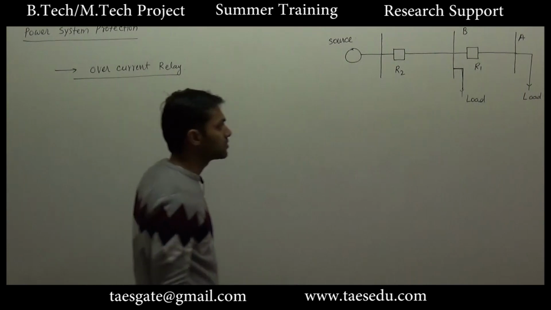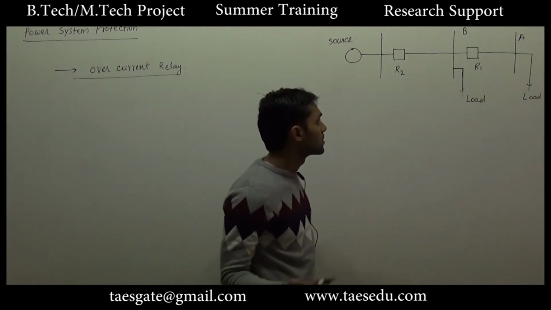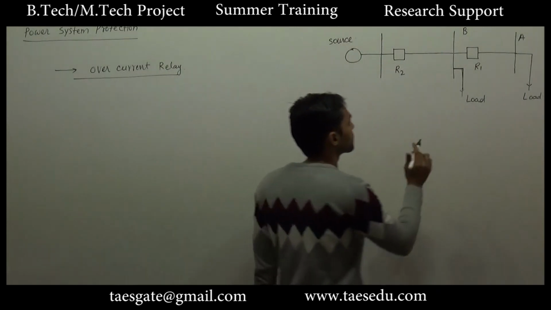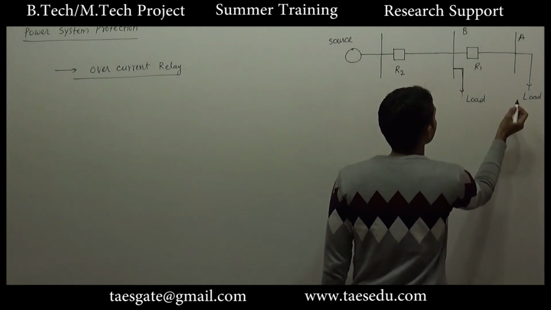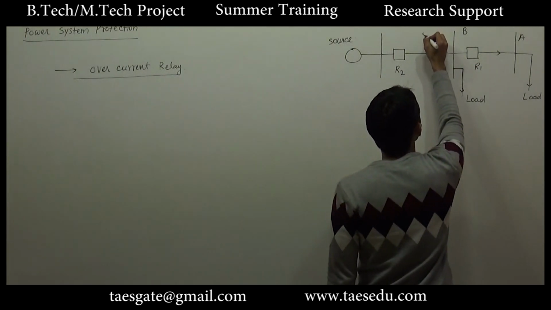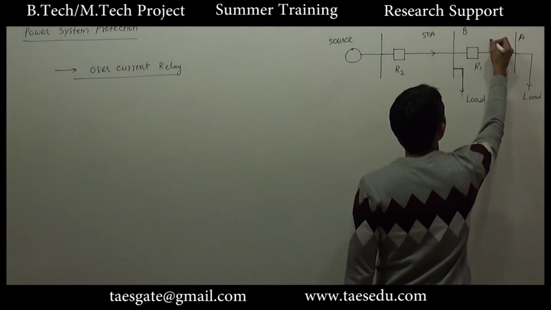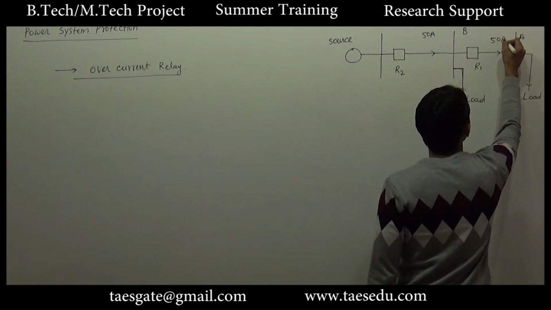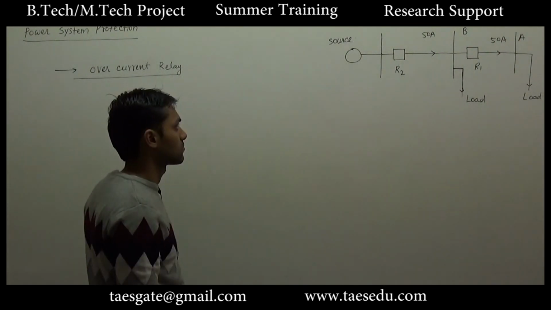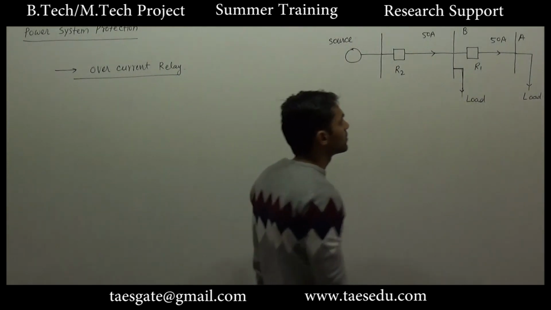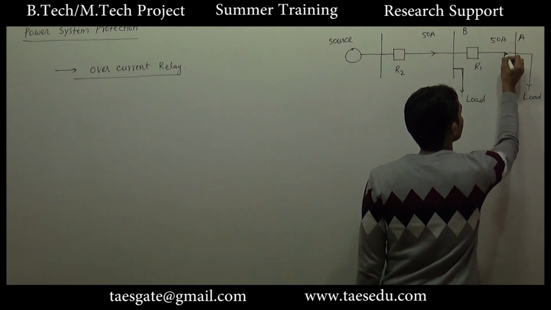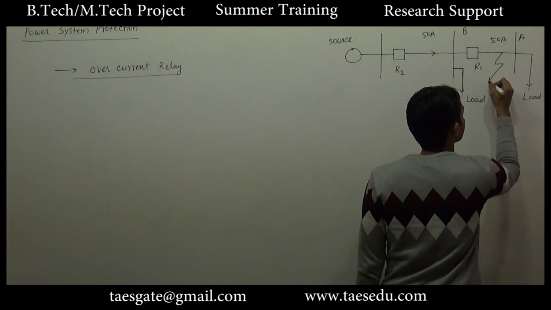For this system, there will be some normal value of bus current, and accordingly a normal value of feeder current. Let's say the normal current here is 50 ampere, and here also the normal current is 50 ampere. But in case of fault, the current will be much greater than 50 ampere.